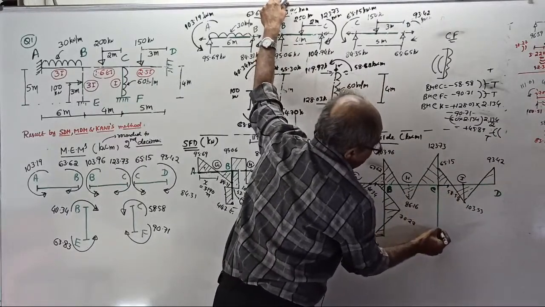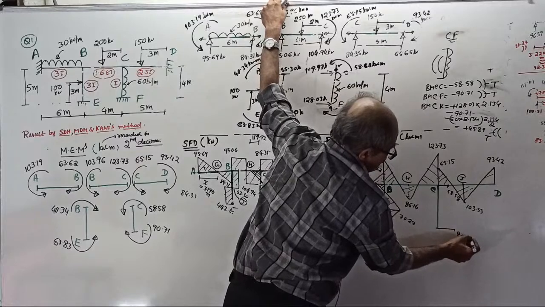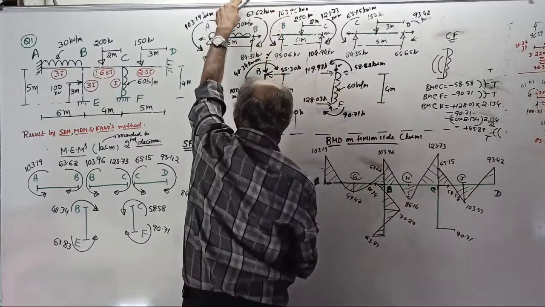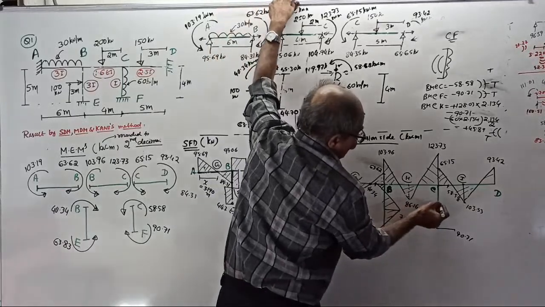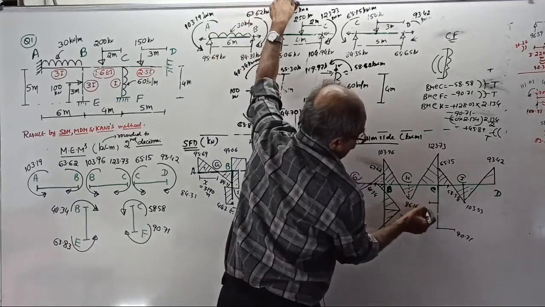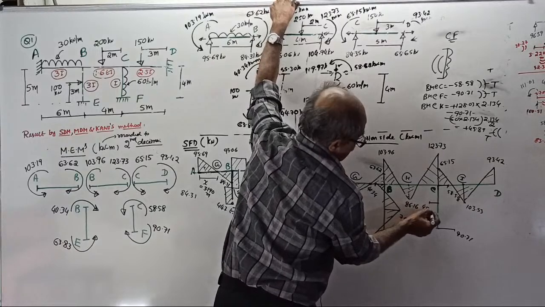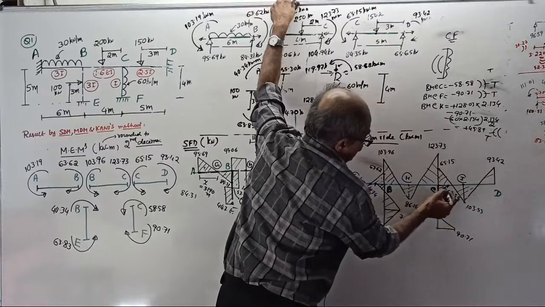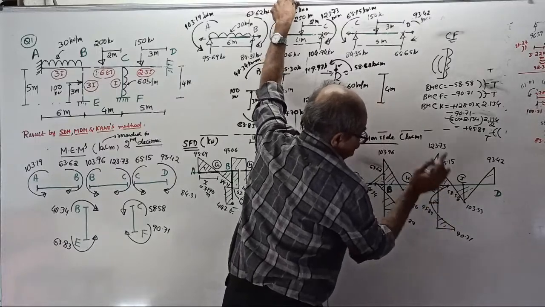Here 90.71. And here at what distance? At a distance of 2.134 meter, it is tension inside of 45.89, joined by a parabola. Okay. This is the BMD on the tension side.